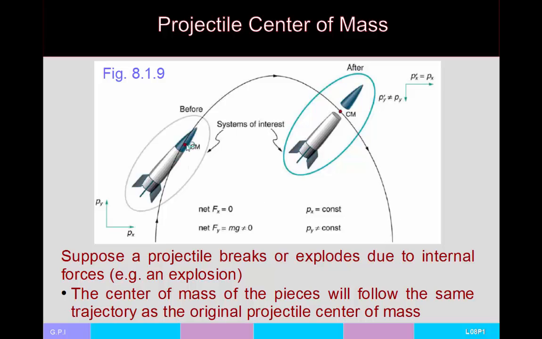So if this rocket is in free fall here, then there's an explosion, the rocket breaks up, the center of mass of this thing plus this thing, or regardless of how many pieces, the center of mass will stay on this trajectory. So the range of this rocket as a whole will end up being the range of the center of mass.